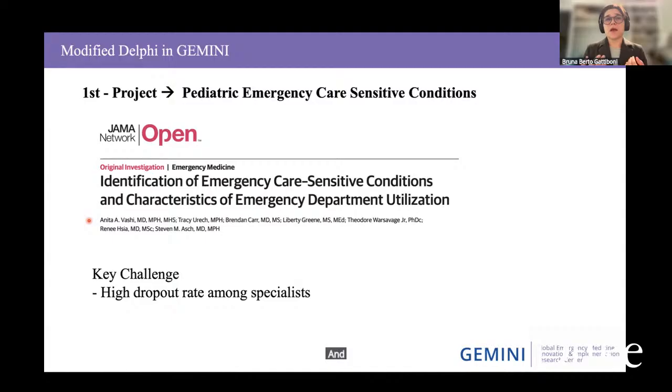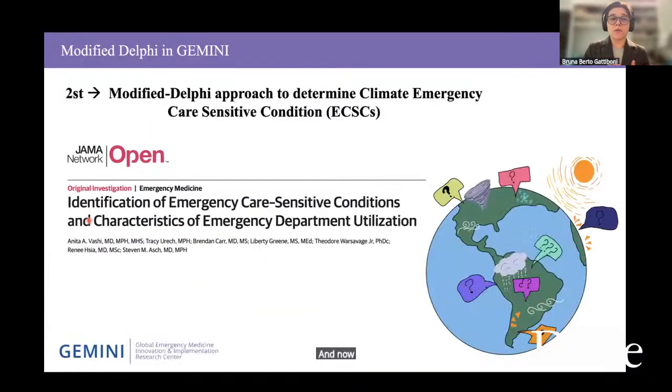What happened is we had so much dropout that in the second round we didn't have enough data to build our list, and for this we didn't have enough data to make our manuscript.